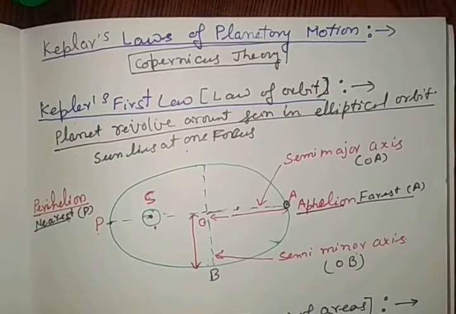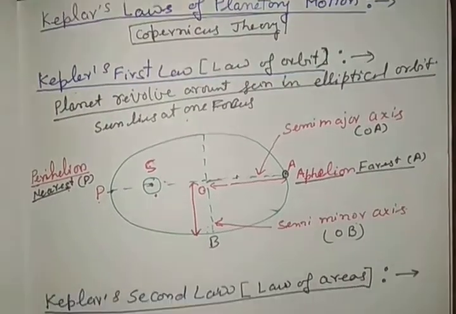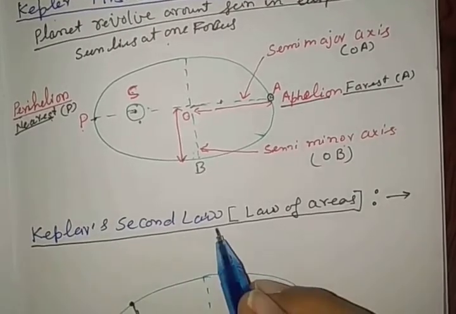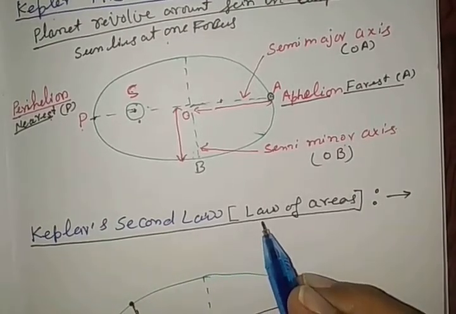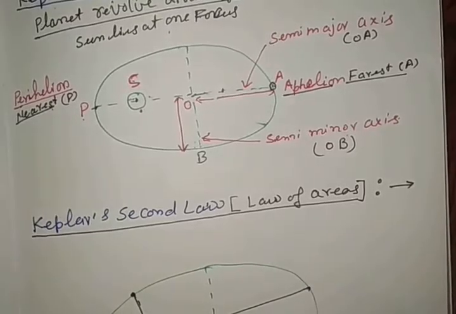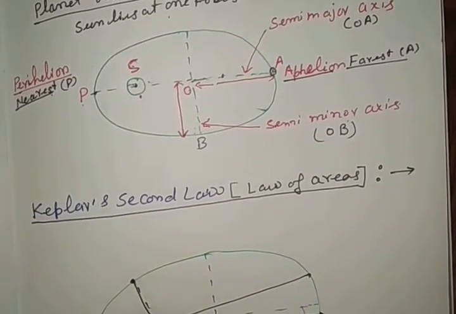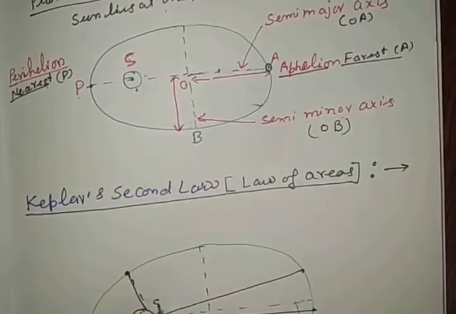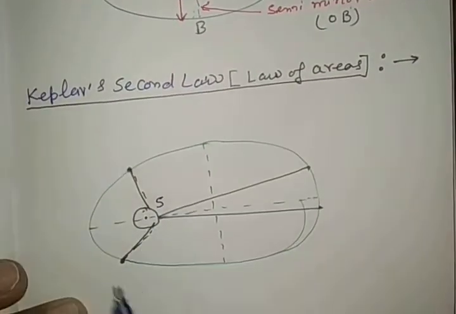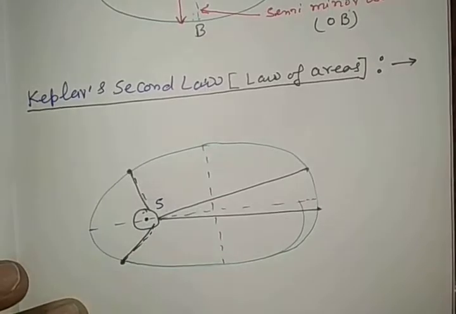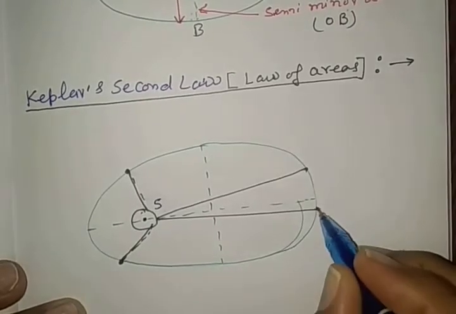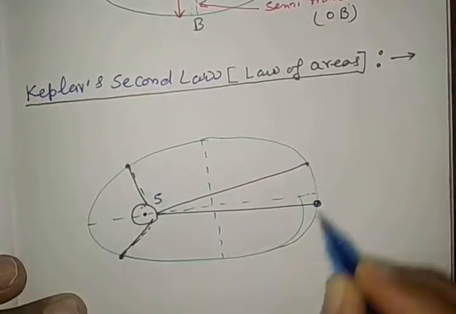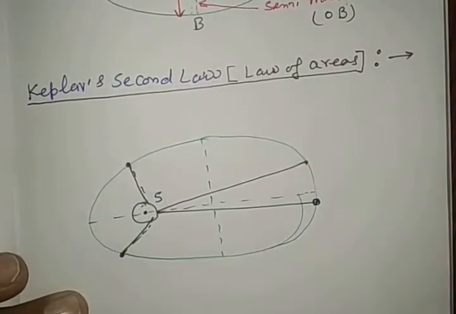Now we are going to see Kepler's second law of planetary motion. Kepler's second law of planetary motion is called the law of areas. To understand the law of areas, see, let this be the position of the sun, which lies at one of the foci, right? And let the planet revolve around the sun in an elliptical path.